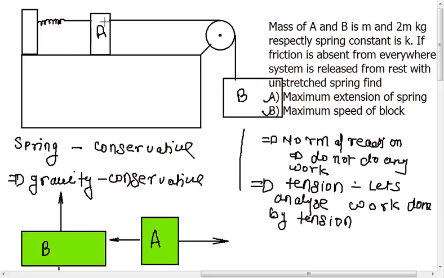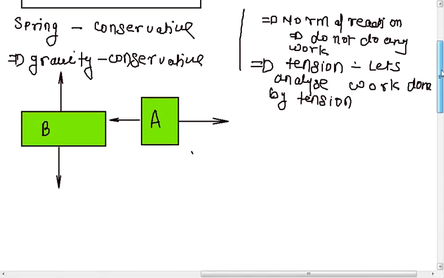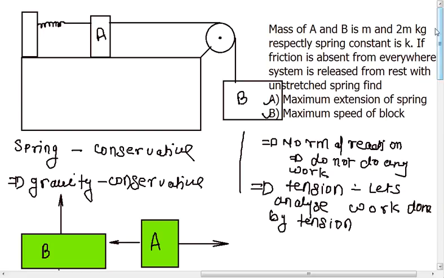Now we are going to draw the free body diagram of this portion of string, so that we can analyze the forces on the spring, okay guys? So it is important. Now I am going to draw the free body diagram of the string between the spring and block A.